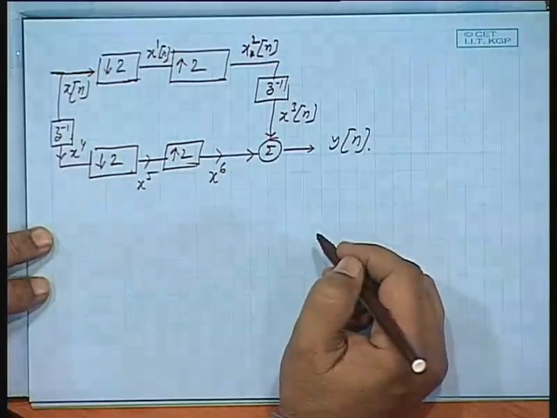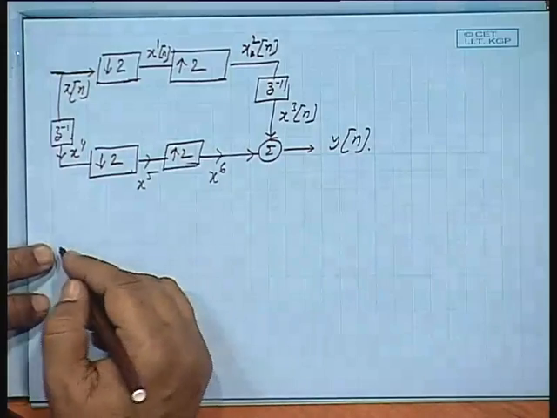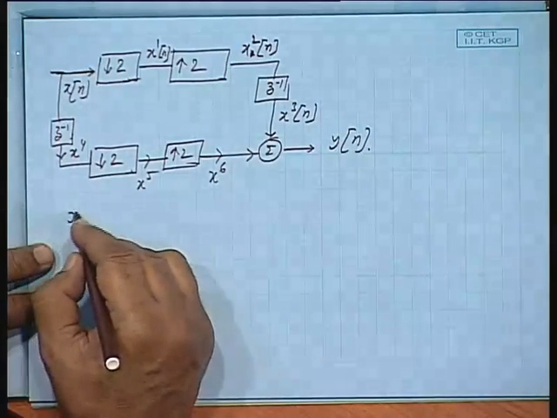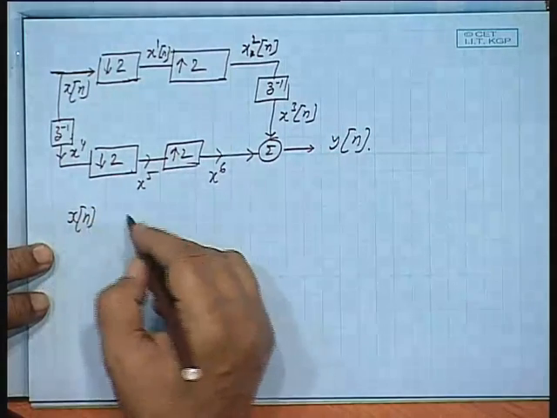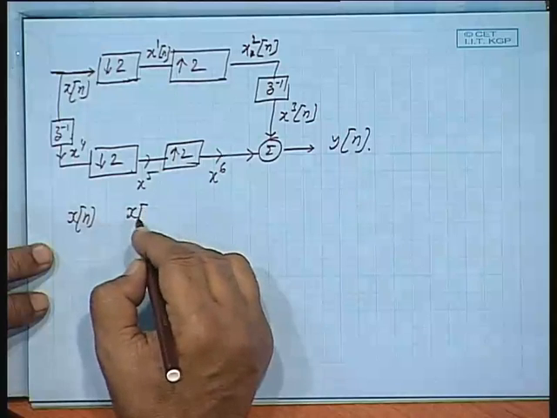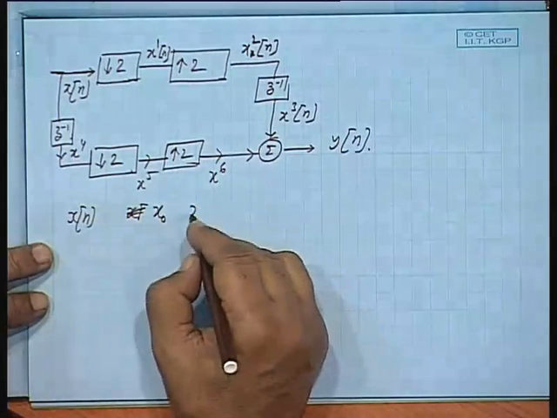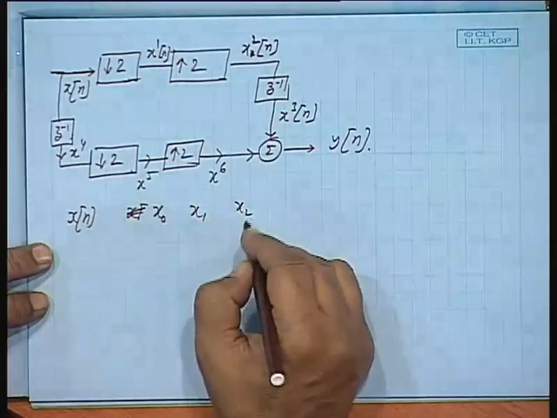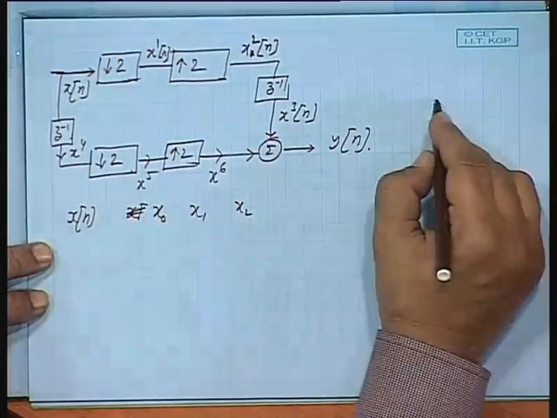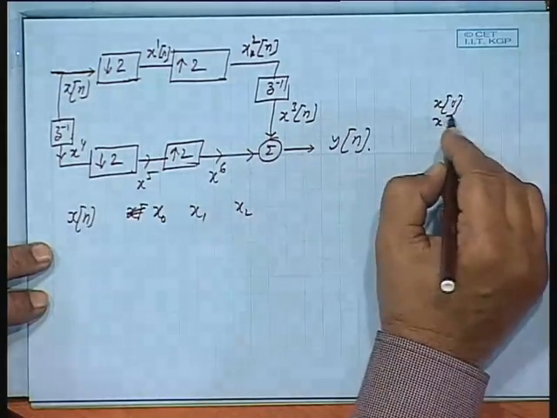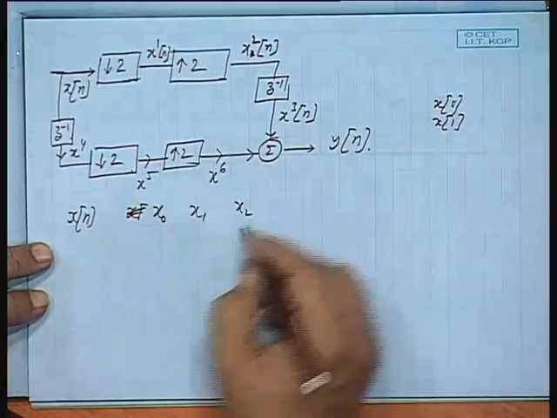Okay. Xn is the sequence x0, x1, x2, every time I am not putting these braces.